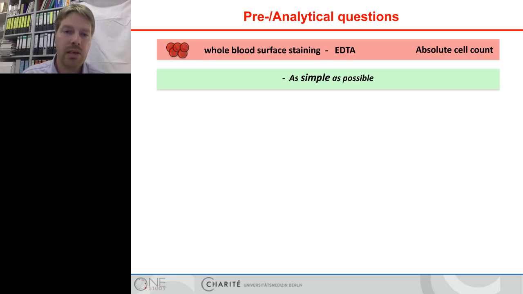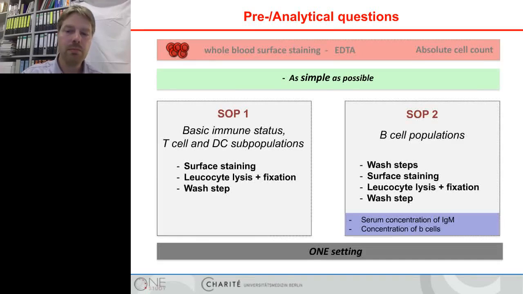And we decided to use EDTA as the anticoagulant because we are doing a surface stain. We are using one single SOP for the staining of all panels. It is a simple SOP, only surface staining combined with leukocyte lysis and fixation, combined with washing steps to reduce the background.